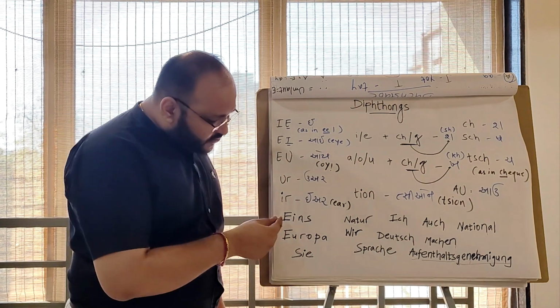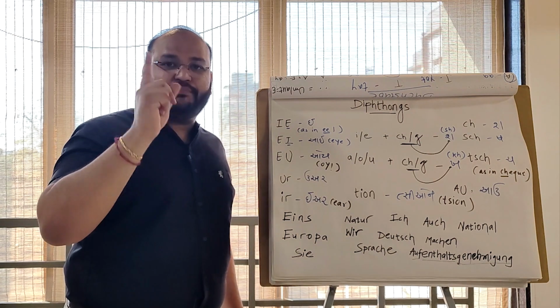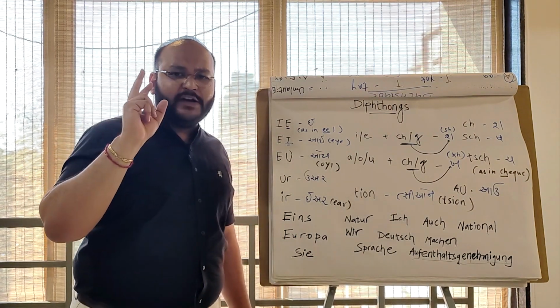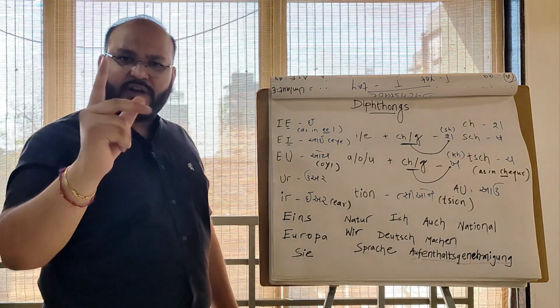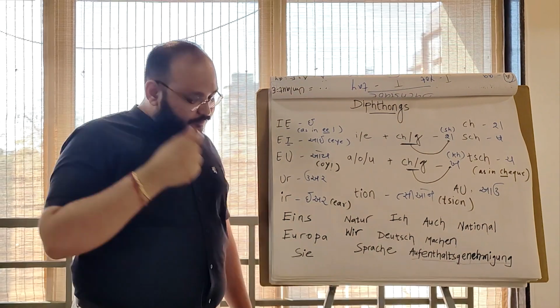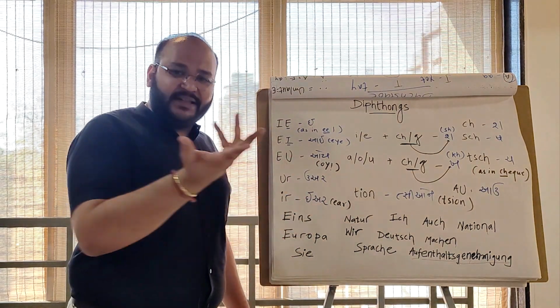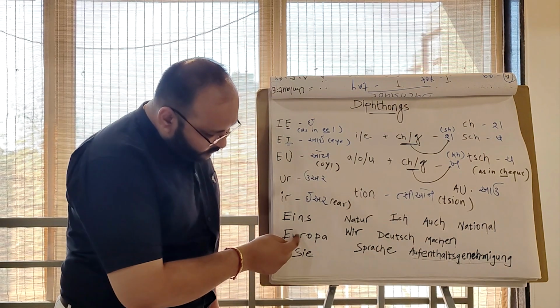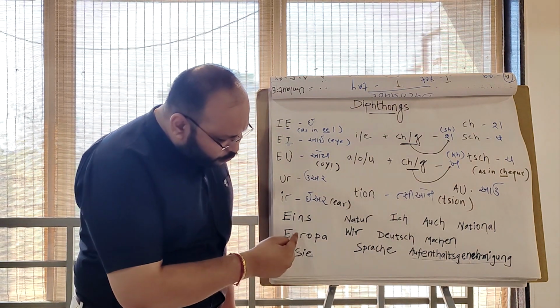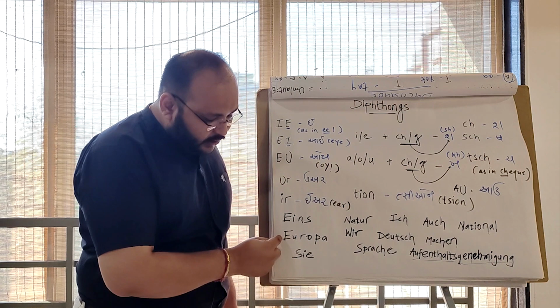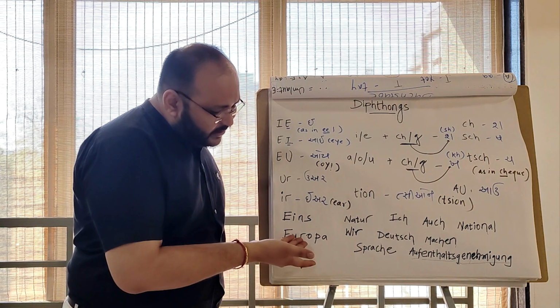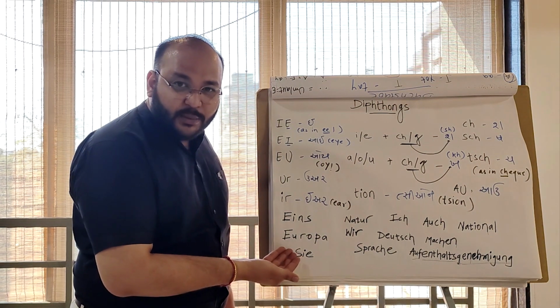As soon as you see EI, two vowels together, in your mind you should know there is some rule. EI is I. So, eins. Here EU: E U is oi. The rest you read as if it is some Hindi word.